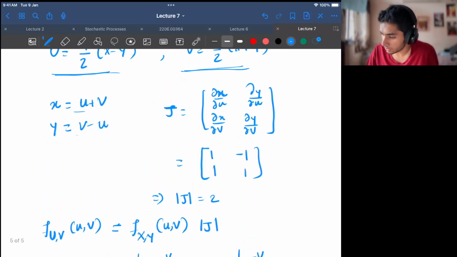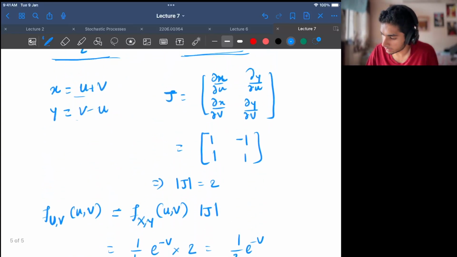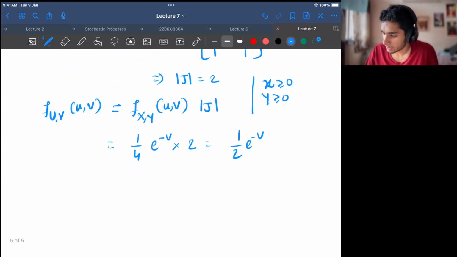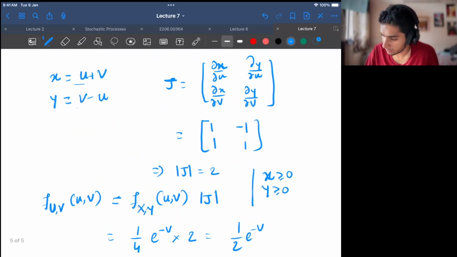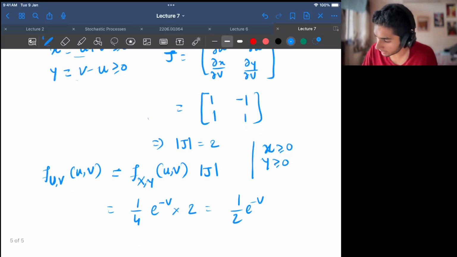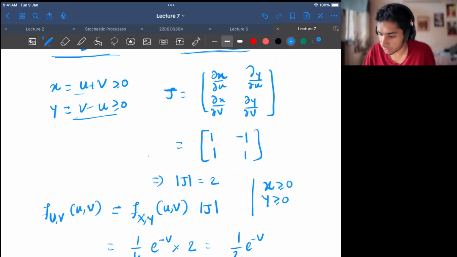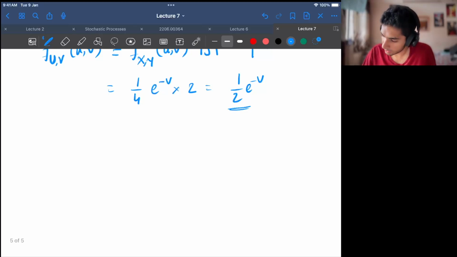However, we need to keep in mind that there were additional conditions, right? What were the conditions? That x is greater than or equal to 0 and y is also greater than or equal to 0. So that means this thing is greater than or equal to 0 and this thing is also greater than or equal to 0. So what you can do is find the range of u and v for which this is valid, just plot these two things.